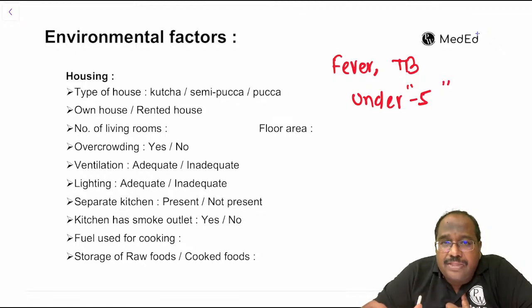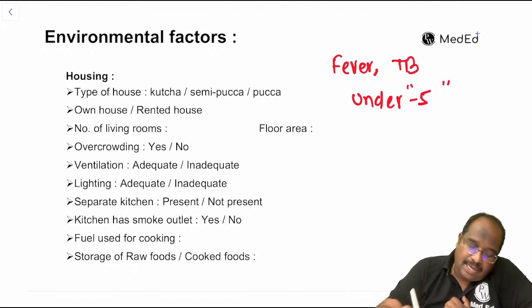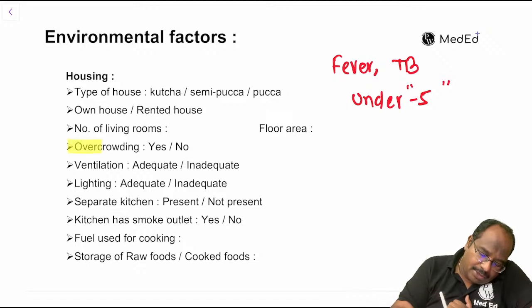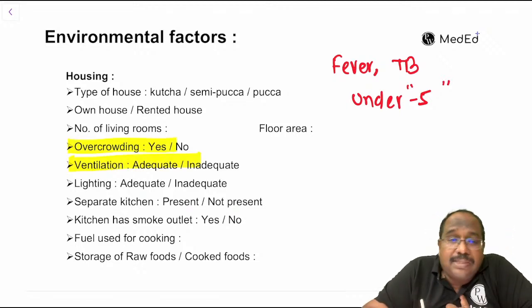But if it's a case of fever, TB, or under-5 children, we have to see certain things. Make sure that you write about whether overcrowding is there or not.